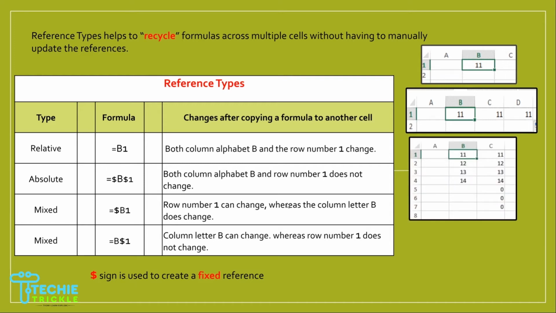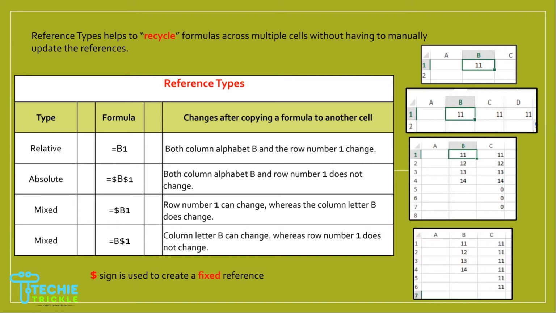The next one is relative B, absolute 1. So we are fixing the row, whereas the column value can change. Okay, that's the last kind of type that we have.